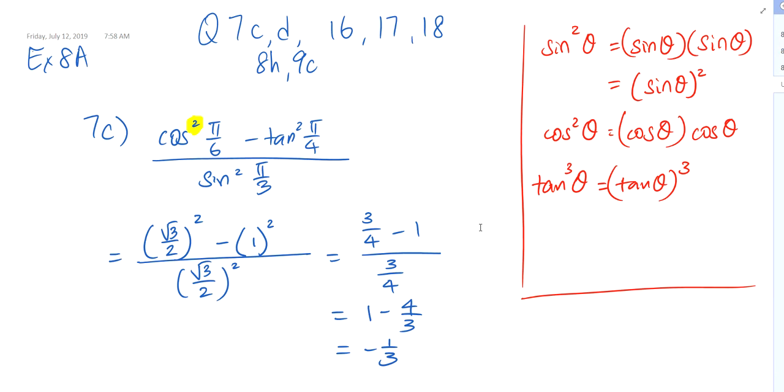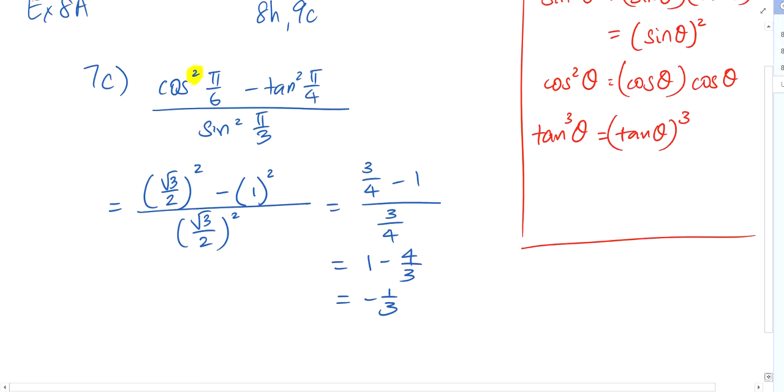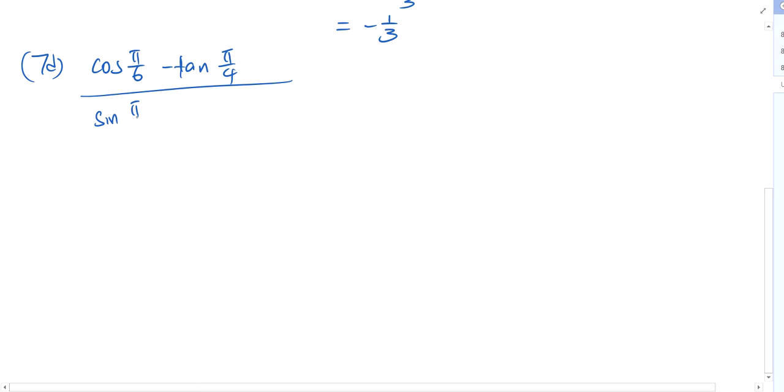7d. It looks like you might have a problem with the surds. Watch the video. Cosine pi over 6 minus tangent pi over 4 divided by sine pi over 3 plus cosine pi over 3. First one, cosine pi over 6, how much is it?